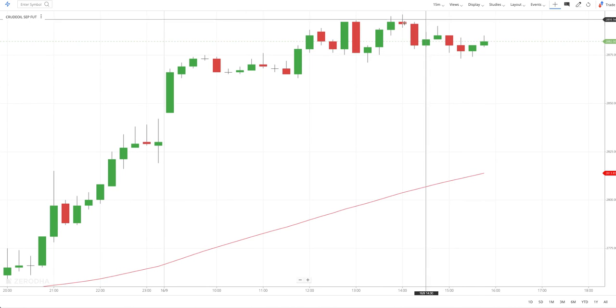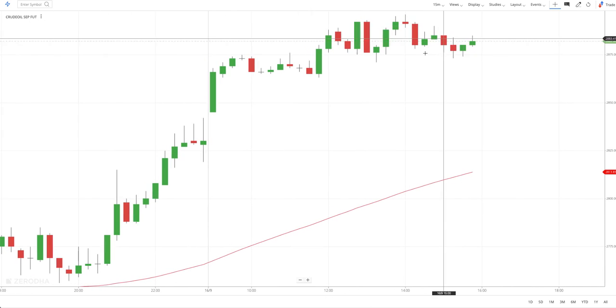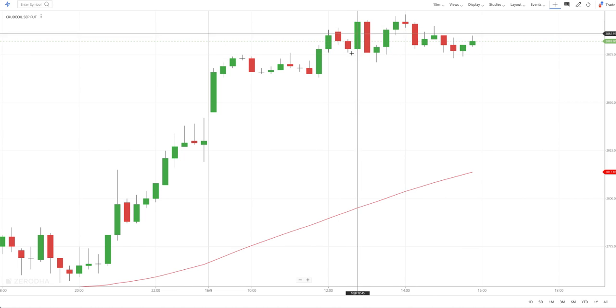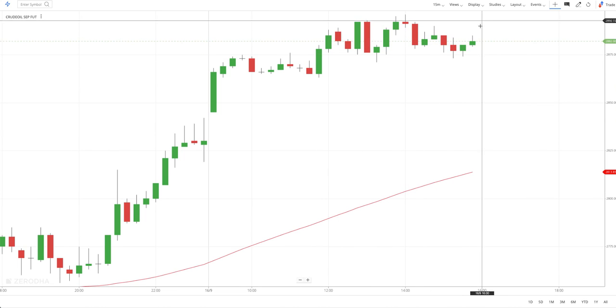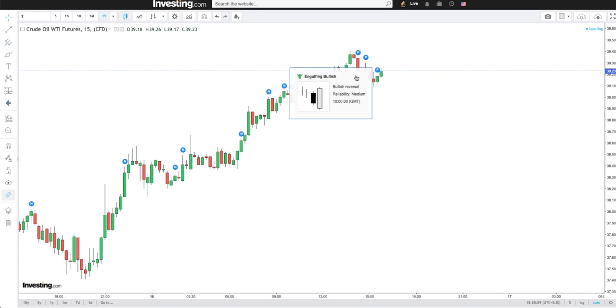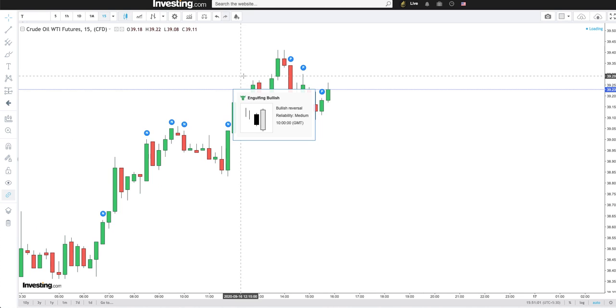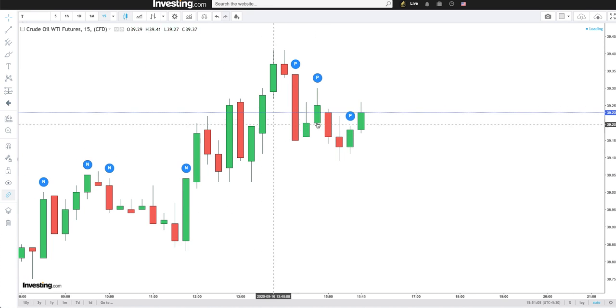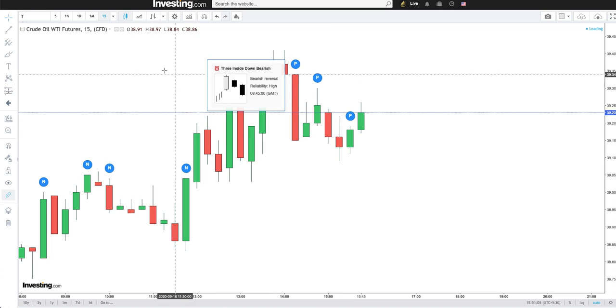Just see what is getting formed over here in the Indian market charts. This is the crude oil September future being traded at the MCX. Isn't the chart the same thing? I'll zoom in a bit so that you understand it better. Whatever is getting formed over here, isn't it the same?